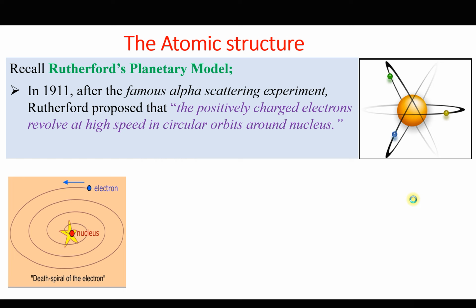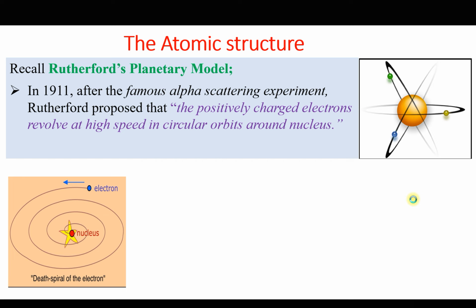This led to what we call the planetary model, that electrons revolve around the nucleus in the same way planets revolve around the sun. So in AS physics, you described the nuclear model of the atom in more detail, and you mentioned that an atom is a positively charged nucleus with negatively charged electrons revolving around the nucleus.